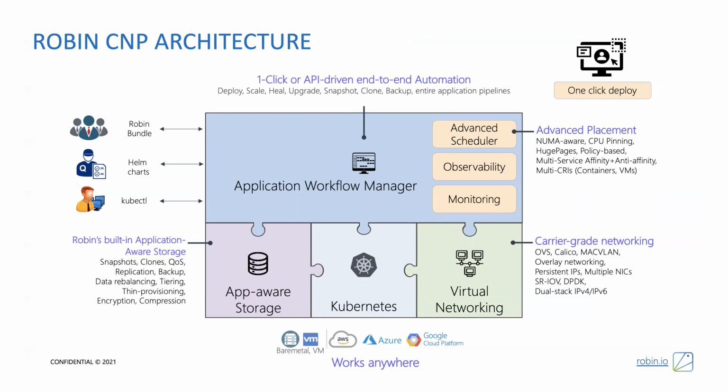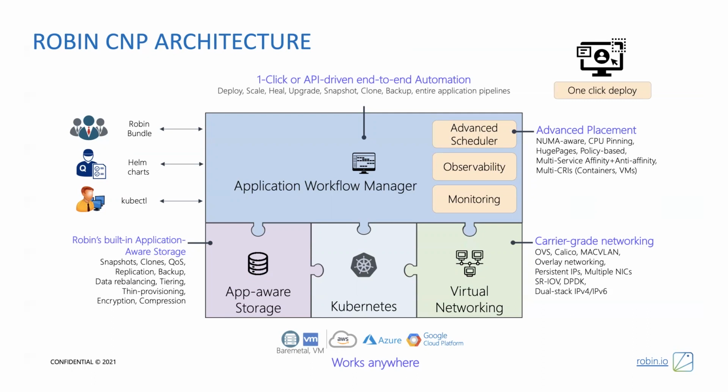These are the most commonly used, such as Calico, OVS, MacVLAN, SRIOV, and DPDK support, overlay networking, underlay networking support, persistent and static IPs, and dual stack support. All those things are built in and integrated with the solution so that the operators just need to bring their applications, and we will make sure that all the requirements are met on the platform and they just deploy the application.